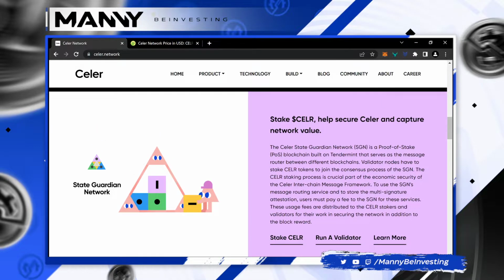So very similar to how Cardano's proof of stake works. You delegate your stake to the stake pool. The stake pool mints blocks. You get a reward for minting blocks. That reward is split up between the people that provided the stake.